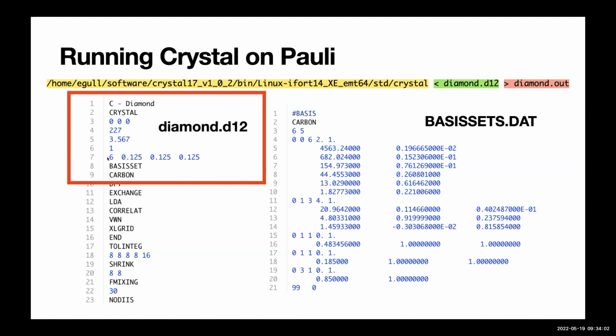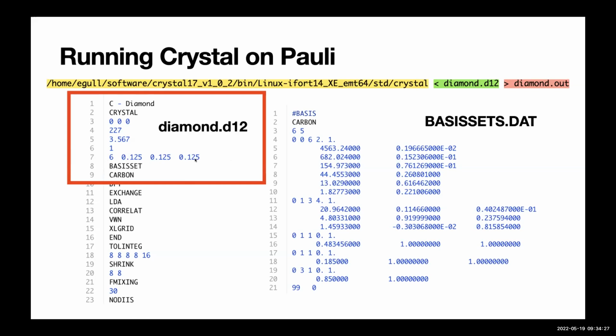The first 6 is the atomic number, and 0.125, 0.125, 0.125 are the XYZ coordinates, the geometry for that atom. This is the information that you basically get from the ICSD database under the geometry section.